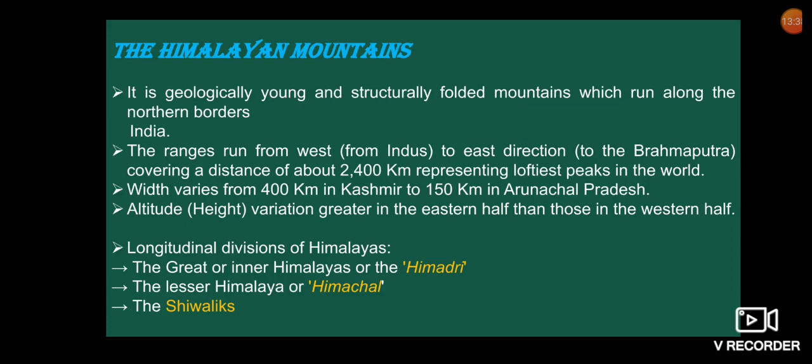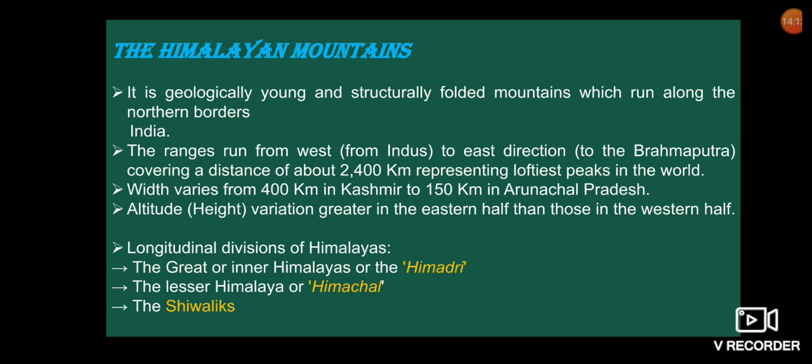The ranges run from the Indus in the west to the Brahmaputra in the east, covering a distance of about 2,400 kilometers, representing the loftiest peaks in the world. The width of this mountain is from 400 kilometers in Kashmir to 150 kilometers in the eastern side of India, that is in Arunachal Pradesh.